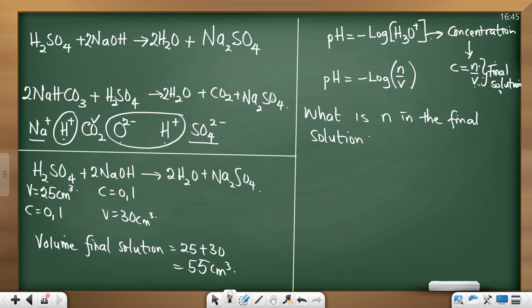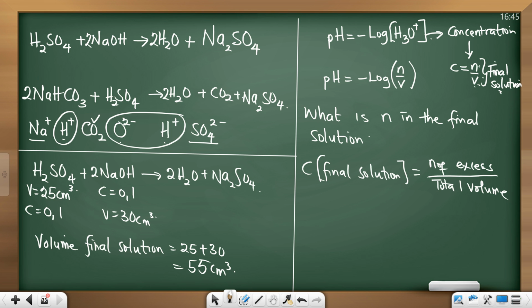The final solution, please, I'm going to write this note for you. Final solution concentration: the concentration of the final solution will be the number of moles of excess over total volume.